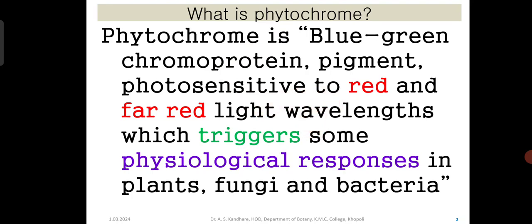So let us see what are these physiological responses and how this phytochrome shows its change when it absorbs certain wavelengths, that is red and far red.